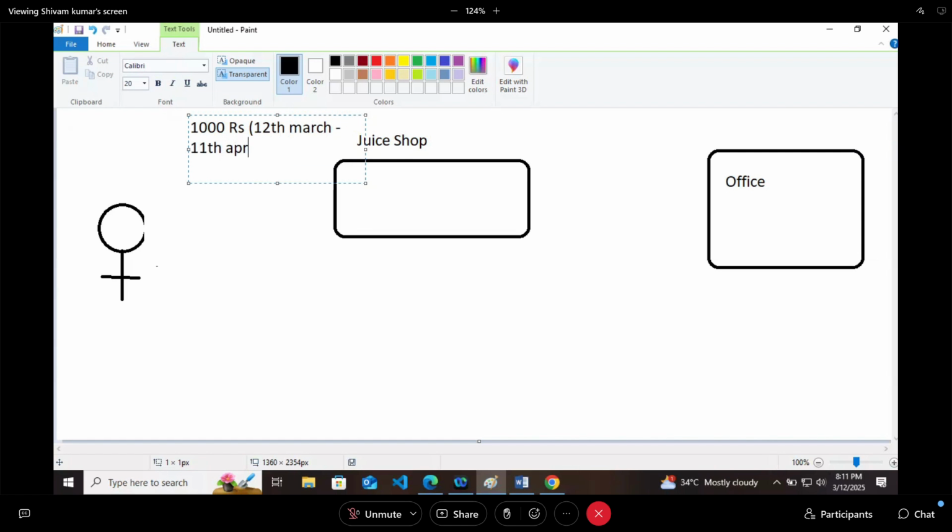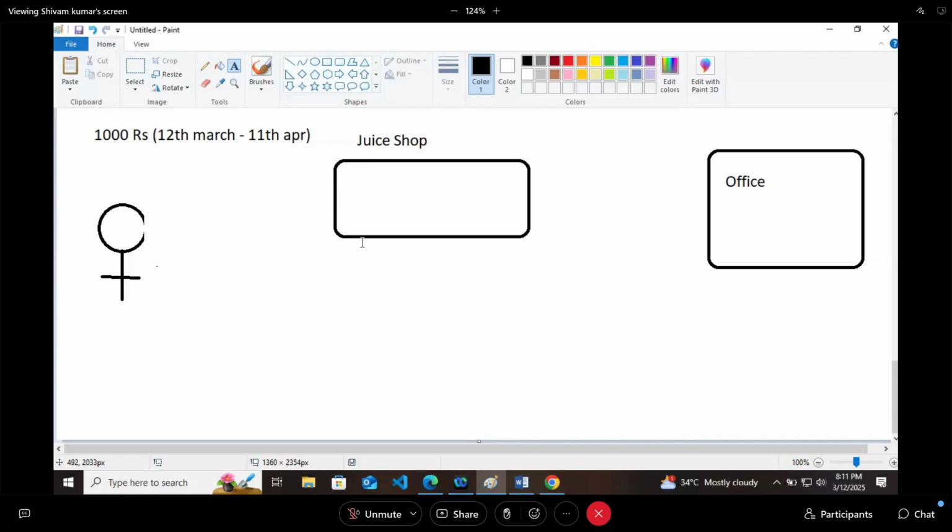That is 1 month. You can come any day, anytime, and you can have juice. You don't have to pay. So I thought, okay, 30 days I will have juice for the money of 20 days. 50 rupees per day means 1000 rupees for 20 days only. The shop owner got 1000 rupees in bulk and I got 10 days extra benefit.